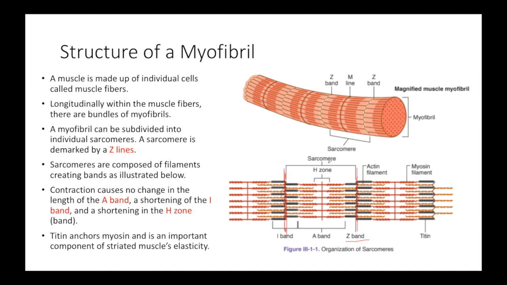And they are composed of filaments. We have the actin filament and the myosin filament that interact to have muscle contraction, but we'll get to that in a little bit.